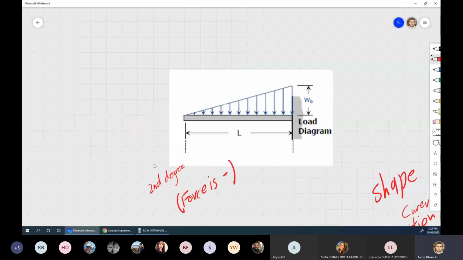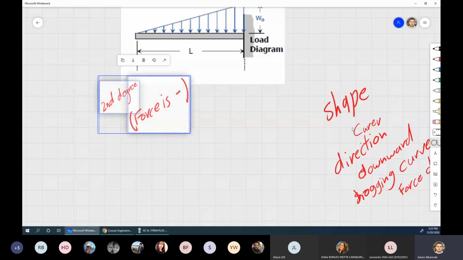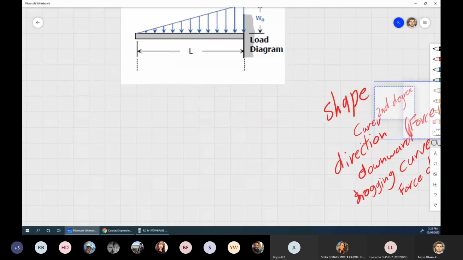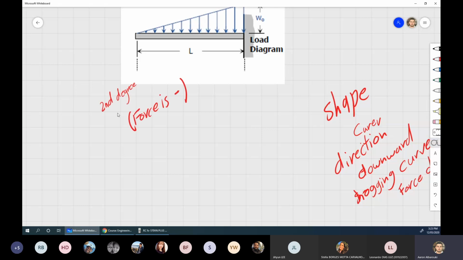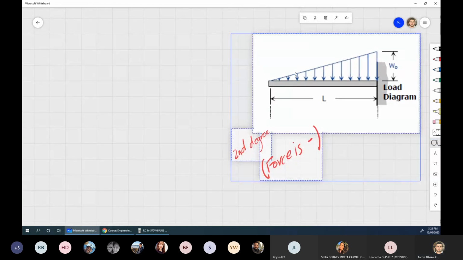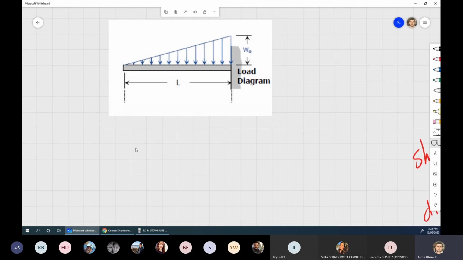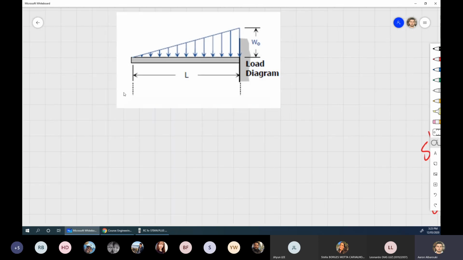Okay. So let me just see if I can get rid of these two. Those should be going. Finally. So what Gianna said, the first thing she looked at was the shape.